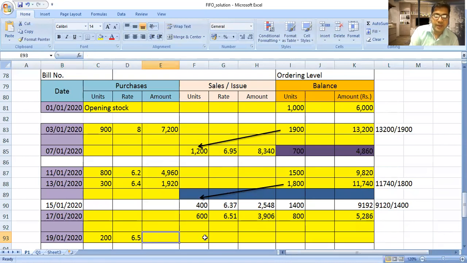Now find out the value. 200 into 6.50. The value will be, yes, Tandel, Kaustubh got 1300. Yes, it is 1300.